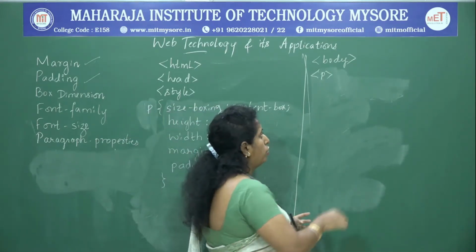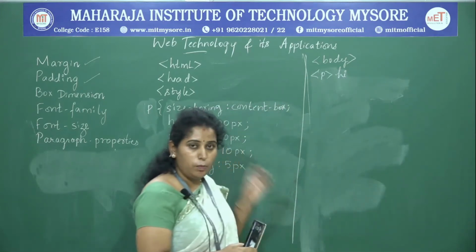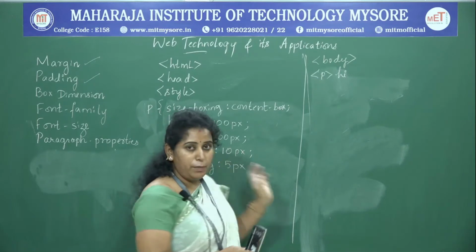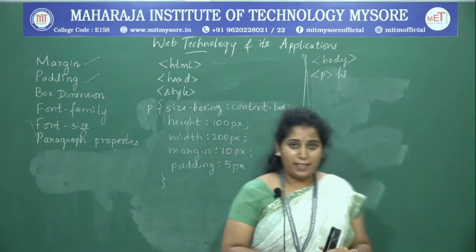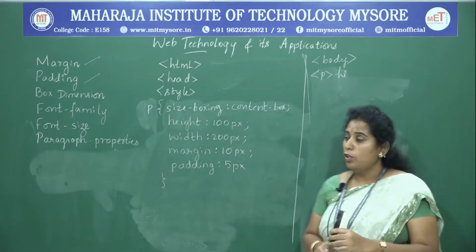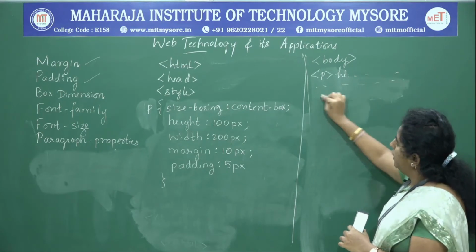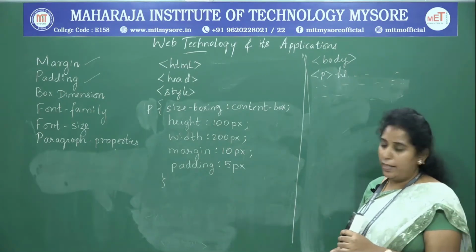In order to convey this box dimension topic neatly, it is better to take more than 50 lines of paragraph.